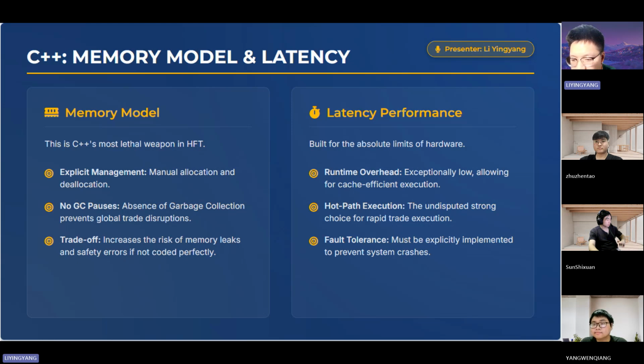The developers must design error handling, logging, and recovery by themselves. If one part has a serious error, it may affect the whole system. So our conclusion is that C++ is excellent for speed, but it's not enough for the system's stability.